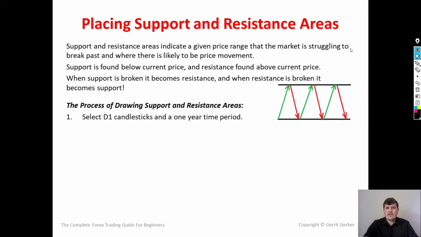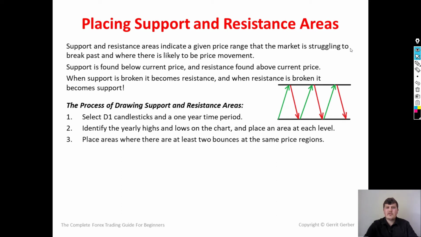The second step to drawing the support and resistance areas is to identify the yearly highs and lows on the chart that you're looking at. So on any chart, whether it's the USD, pound yen, Australian dollar, Canadian dollar, identify the yearly highs and lows and place a support and resistance area at each level.